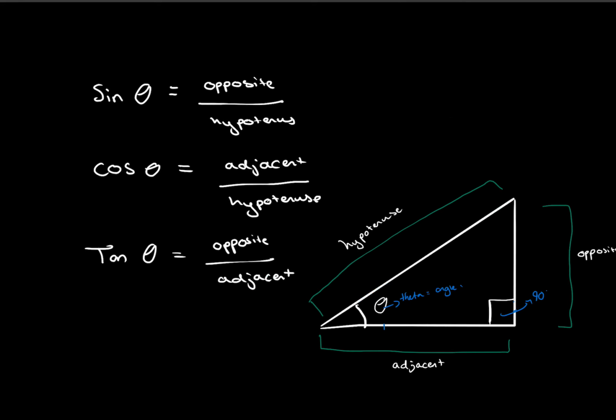So let's think how we can memorize this. We have a simple mnemonic to memorize what our values are: SOHCAHTOA, for our sine, our cos, our tan.